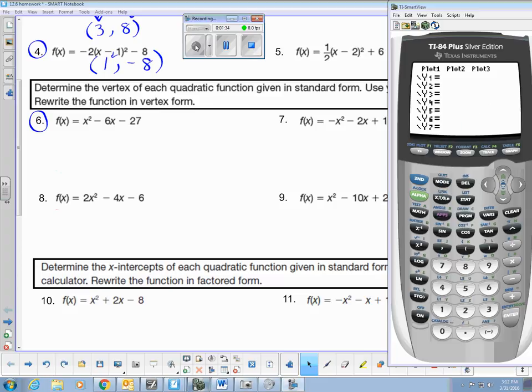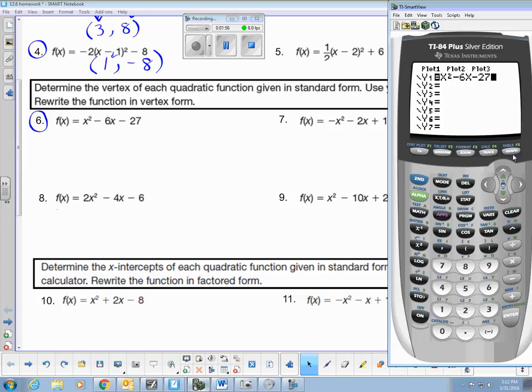So in my graphing calculator, I'm going to put in the function y equals x squared minus 6x minus 27. It's asking me to find the vertex so that I can place this in vertex form.